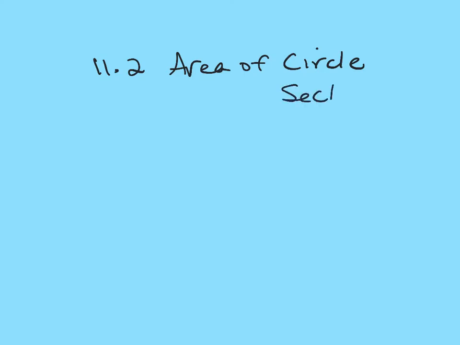In section 11.2, this is where we learned the formula for area of a circle and area of a sector, like a piece of pizza or a piece of pie. The formula for area of a circle is pi r squared.